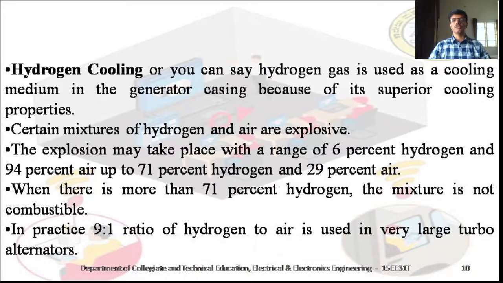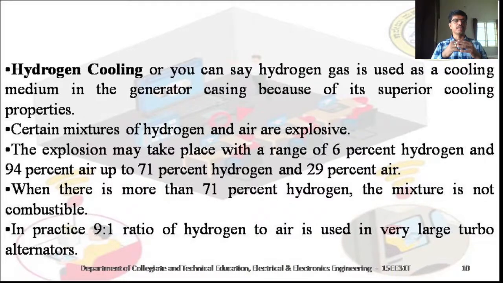In hydrogen cooling, hydrogen gas is used as a cooling agent because it has very superior cooling properties. But the major disadvantage is that certain mixtures of hydrogen and air are explosive at certain ratios.